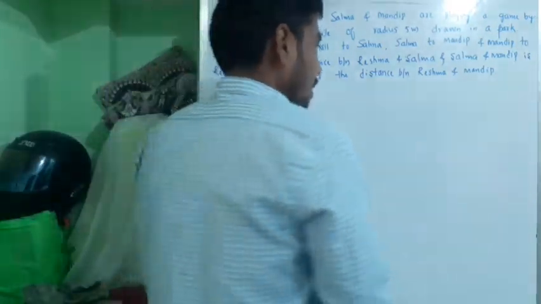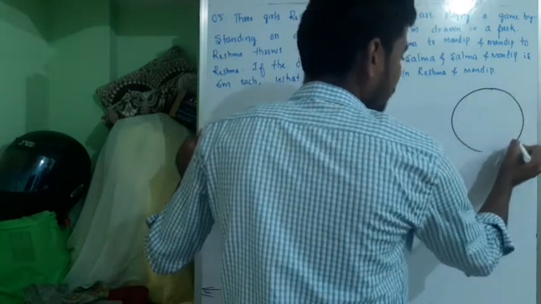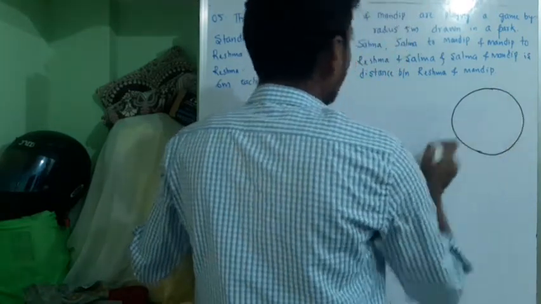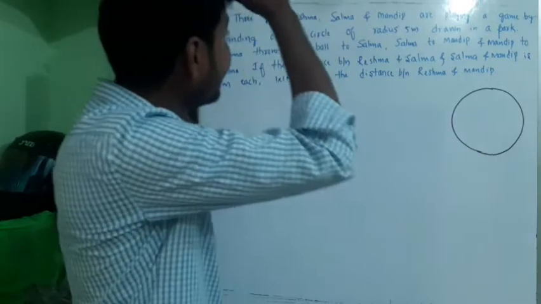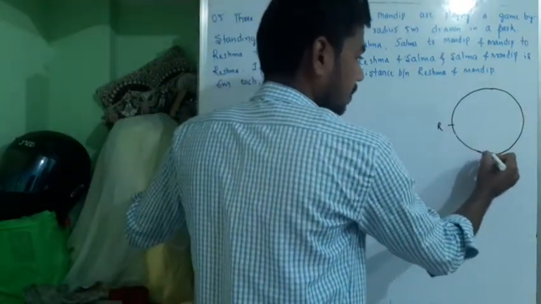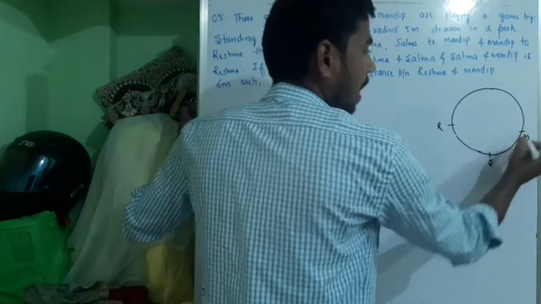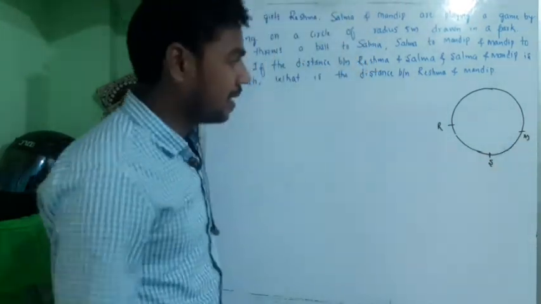See, there is a circular ground, and what they have said, there are three girls. Three girls are Reshma, Salma, and Mandeep. I have taken their first letter.